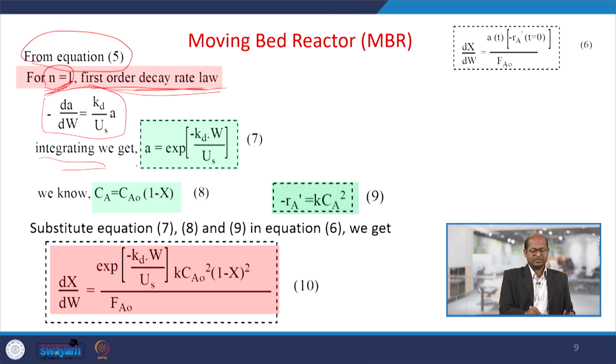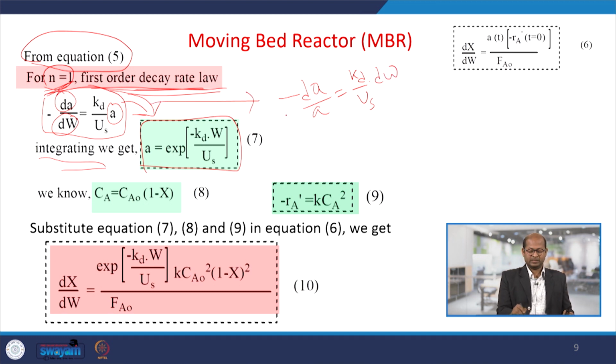After rearranging, dA is there, A is there, and dW we can put on the right hand side, so we can write this equation as kd Us into dW. After that we can integrate this equation with the boundary conditions and we get A equals this.